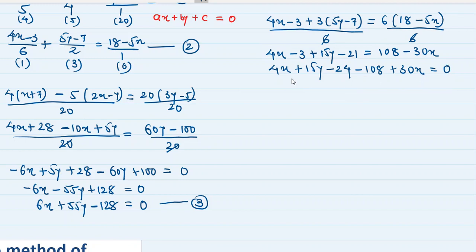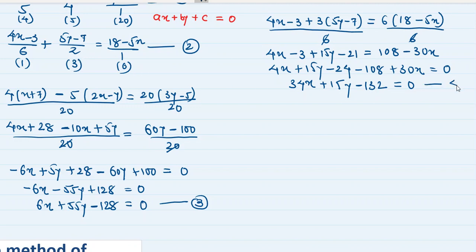So this will become 4x plus 30x, 34x, plus 15y minus 24 minus 108 will become minus 132. Okay, so here we get is equal to 0, and that is your simplified form of equation number 2.